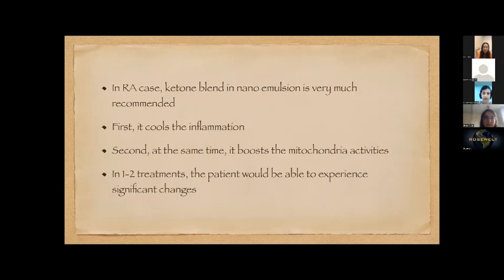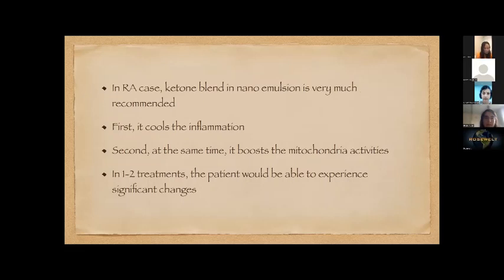If you have an inflammatory response, that means your mitochondrial activity is much restricted, then the ketone-rich blend in nano form is very good at boosting the mitochondria, but at the same time reducing the inflammatory response too. So this is a very good oil, but the point is you cannot overtake it, or there is only so much that you can take. If not, you will develop some kind of seizure.